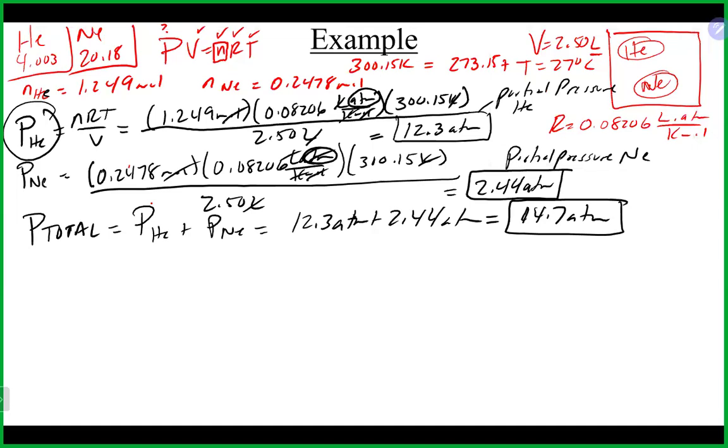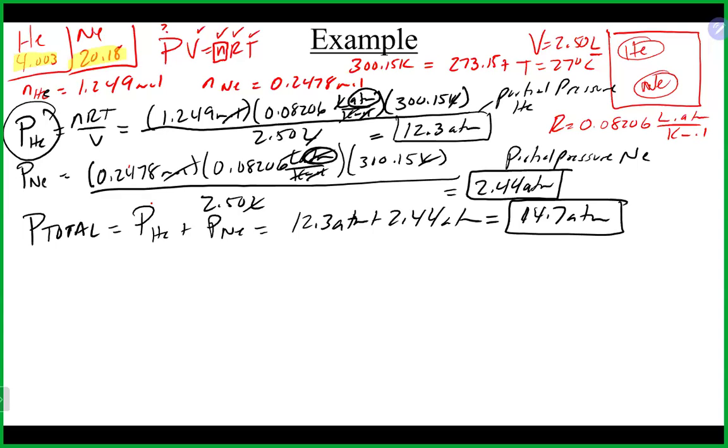The answer can be found right here with their molar masses. Helium is 4 grams per mole, neon is 20. Helium is a much lighter gas. That means when it's flying around, it will be moving a lot faster than the heavier neon. And because it's moving a lot faster, it will cause more collisions and contribute more pressure in that situation.